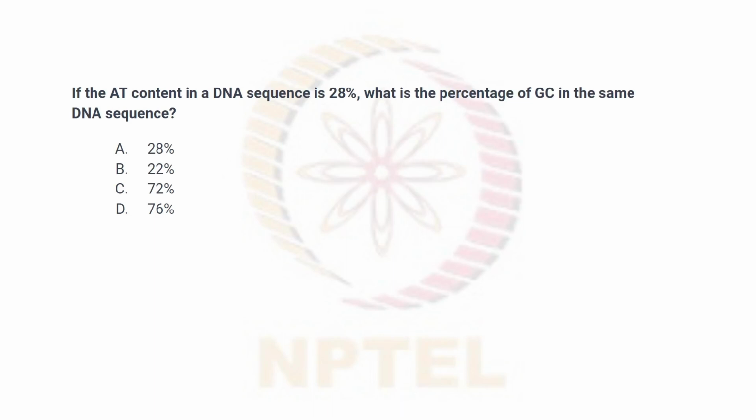Okay. So first, given that the AT content in a DNA sequence is 28%, what is the GC content of the same DNA sequence? I think it's a pretty simple question to start with.